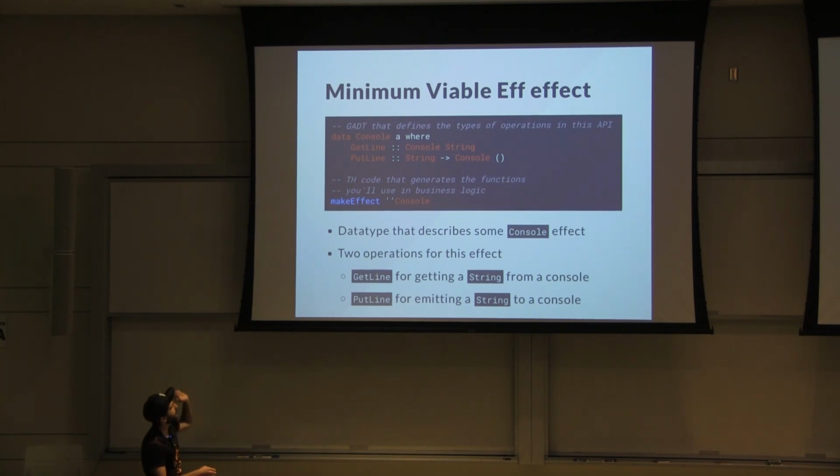And then for any sort of output effect, you might have an input and then unit as the free variable in the console. And then you might have, in other scenarios, state, which we can talk about later. But the idea here is we've defined as data the operations that we want to do. And we're going to use some Template Haskell magic to do some stuff, which I'll explain on the next slide. But in this particular case, it will define a way to get something from the console and a way to put a string to the console.